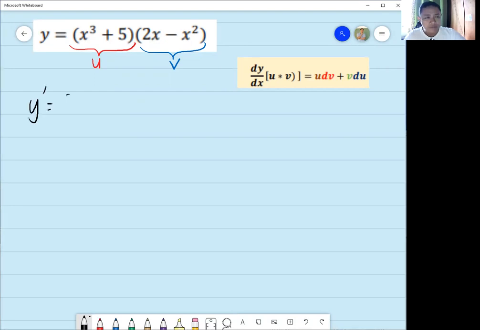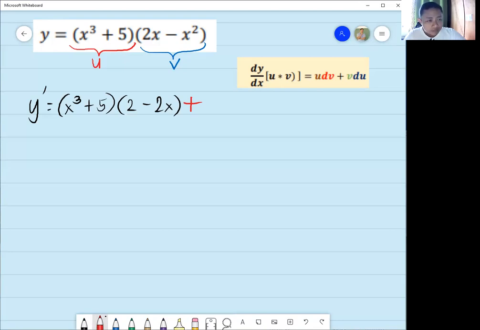U, copy u, x cubed plus 5 dv. Get the derivative of this. That becomes 2 minus 2x. Tama ba? Correct me if I'm wrong, ha? Plus. I want to change the color of my plus para mayroong distinction sa UDV and then sa VDU.